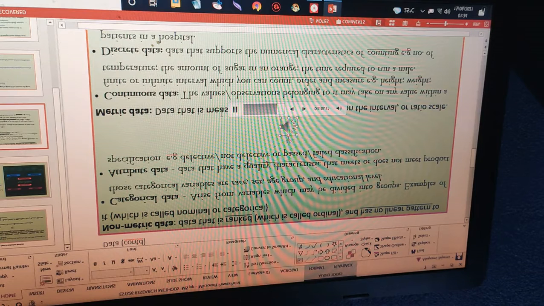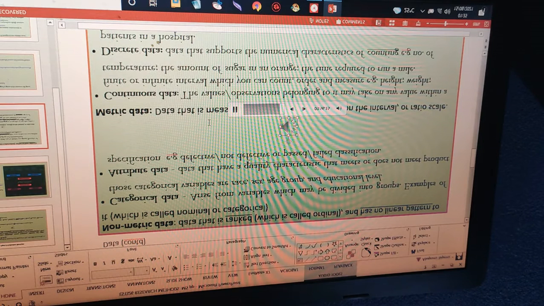Then discrete data supports the numerical characteristics of counting. Number of patients in a hospital, for example. This is an example of discrete data. Number of students in a class.